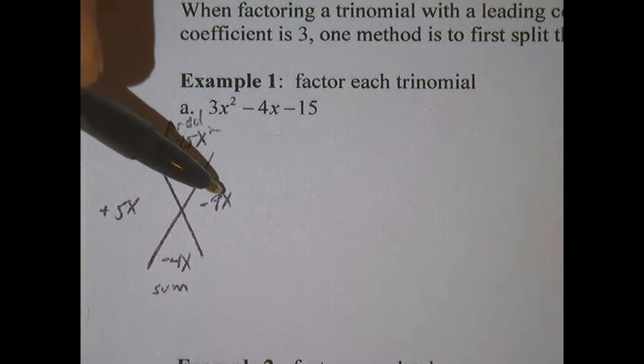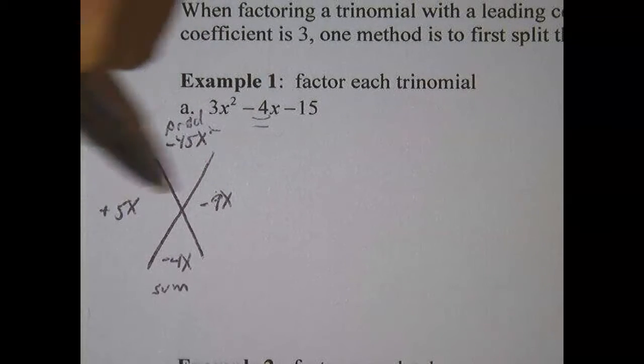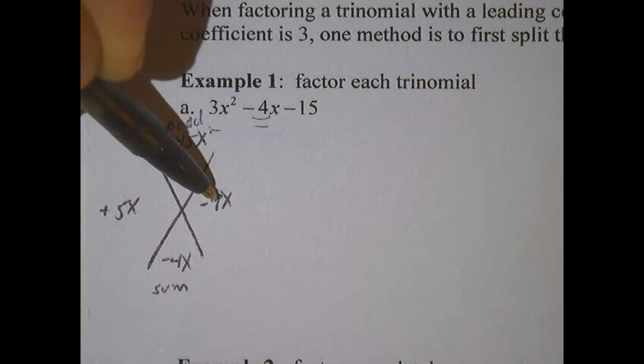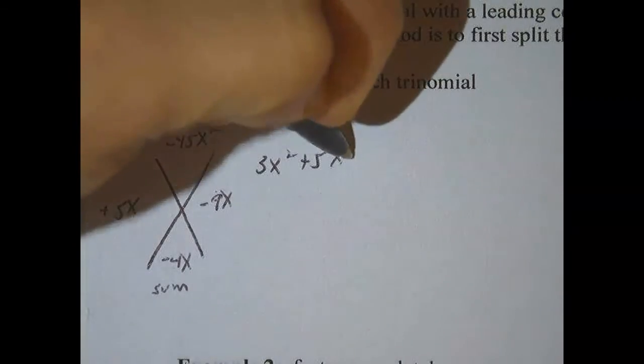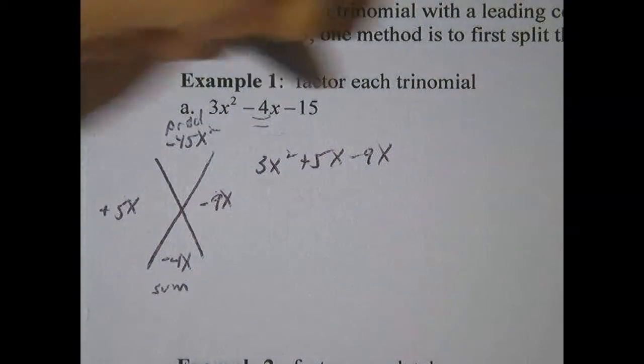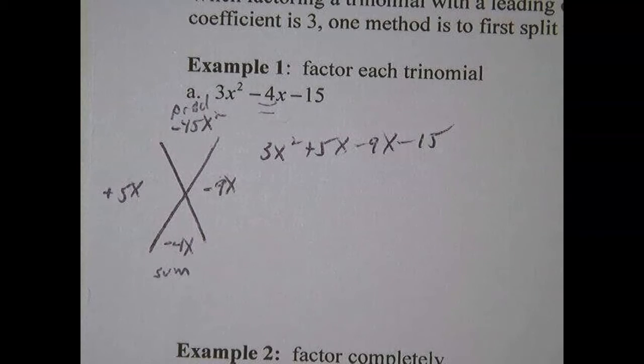So that just means for my next step I'm going to split that middle term into these two pieces that of course add up to -4x. So I have 3x squared plus 5x minus 9x minus 15. Okay, and we can put this in either order, by the way.